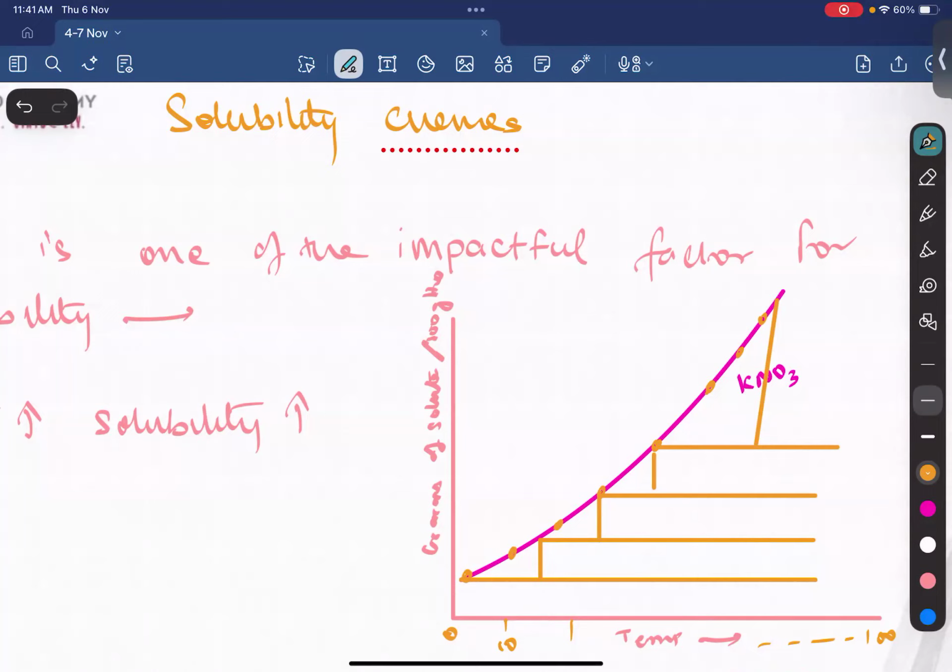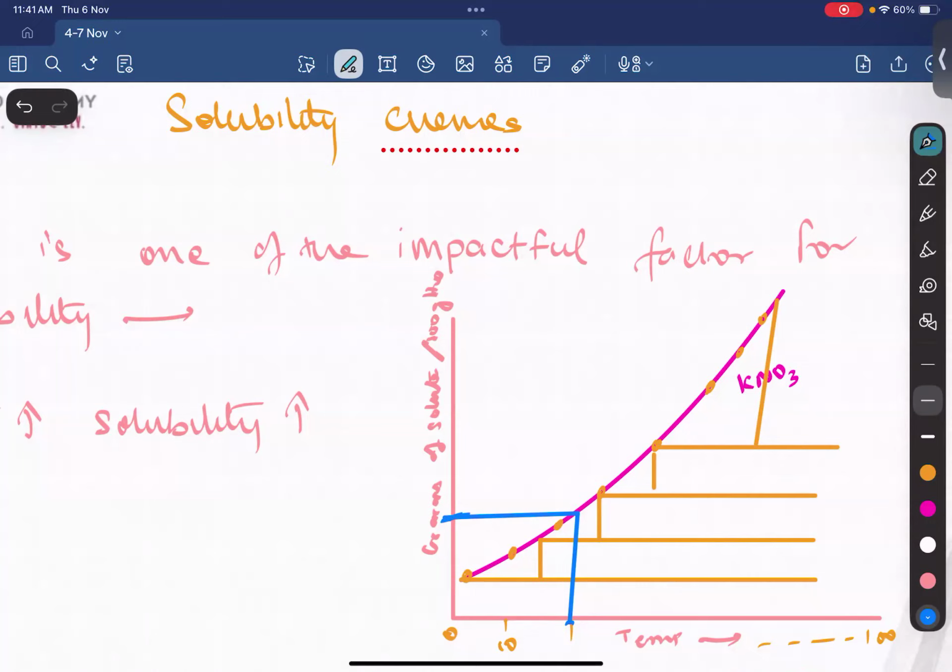So this curve signifies, suppose this is 20, so at 20 degrees Celsius, how much KNO3 is dissolved? If you draw this line, you will get how much is dissolving.